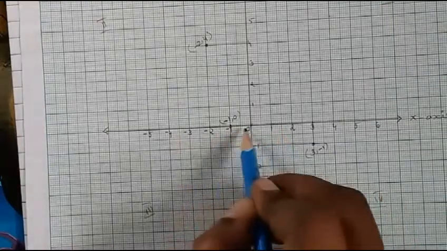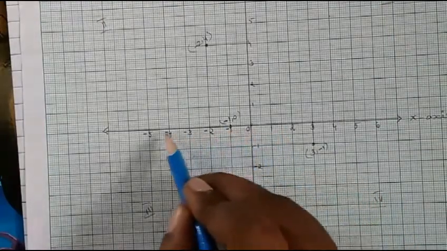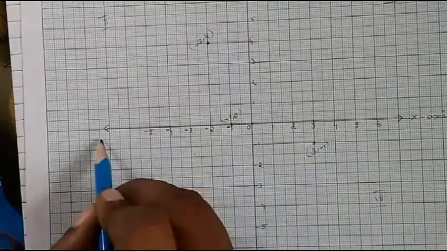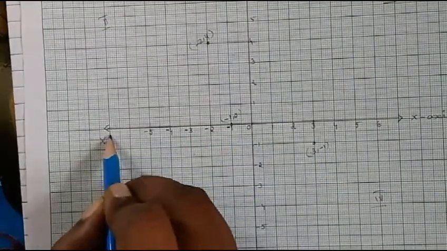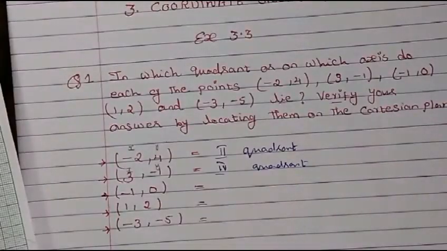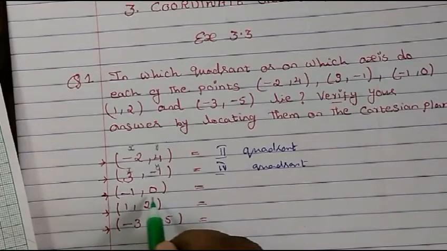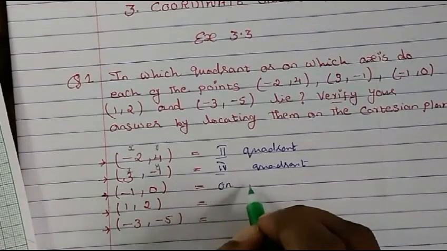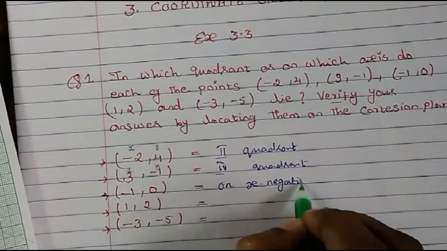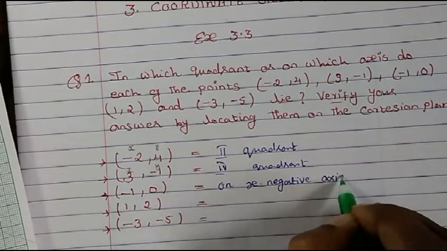And what is this line actually? It is actually the x-axis. And this direction is the negative direction. So that means negative x-axis. So our answer for this will be, this point lies on the negative x-axis.